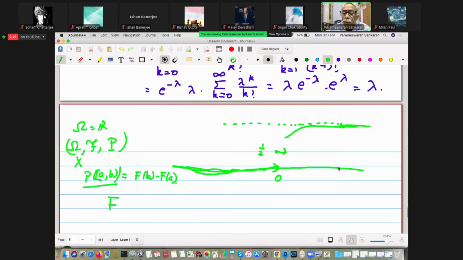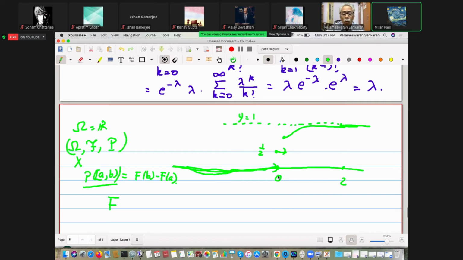Let us say at two it is one. So this is the y equals one line. You make your test, and you understand that this indeed satisfies the conditions for it to be a distribution function.